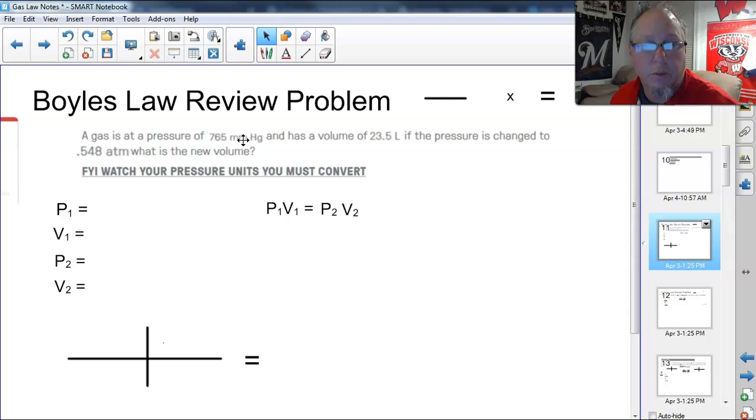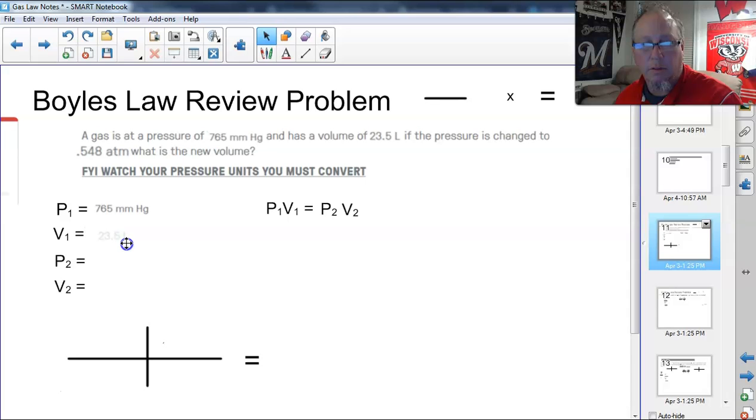So, the first number that I get to is 765 millimeters of mercury. Millimeters of mercury is a pressure, so the question is, is that my pressure 1 or my pressure 2? Typically, before the change, we call those our pressure before, and the volume 1 is the volume before. As I keep reading, I get to this second thing, and it even says right here it's a volume of 23.5 liters.